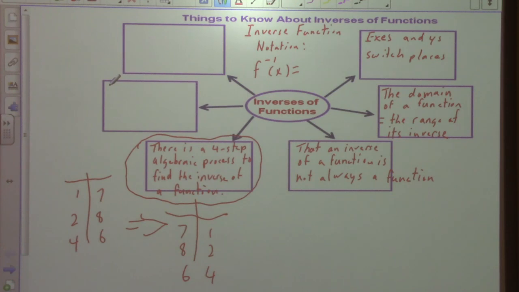Another one here is that two functions that are inverses of each other reflect about the line y equals x.